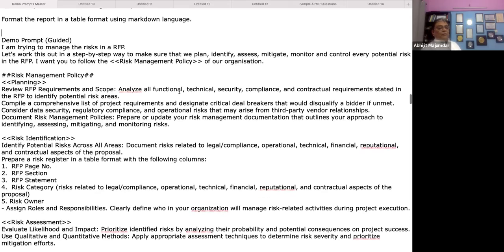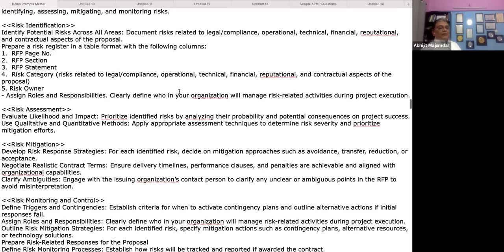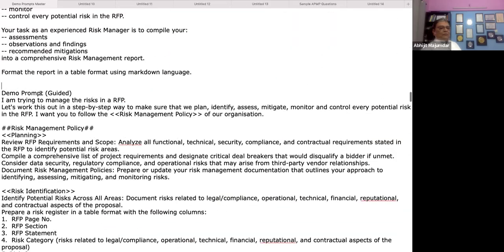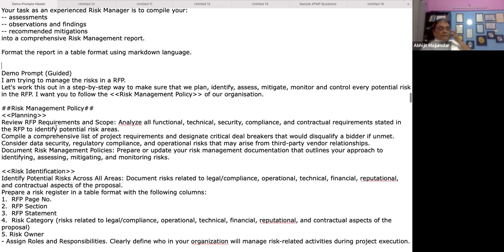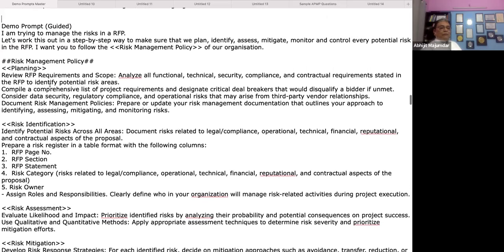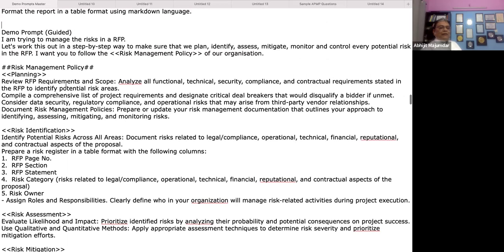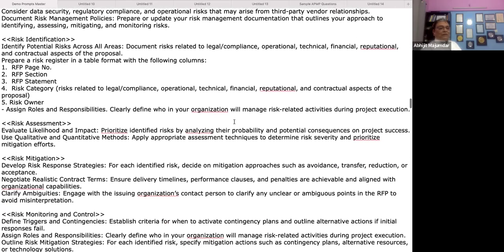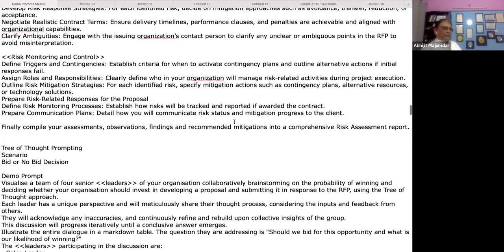Now let me copy this from here, and here is my organization's risk management policy. The first thing you will do is planning. Here you'll review the RFP requirements, analyze all functional, technical, and compliance requirements, and compile a compliance list. So you have given the organization's entire way of working.